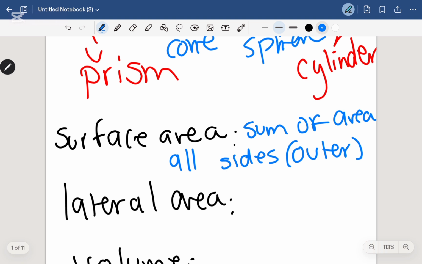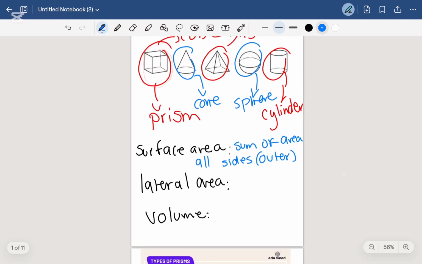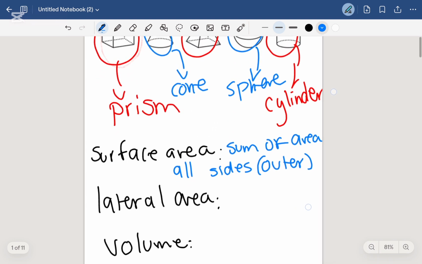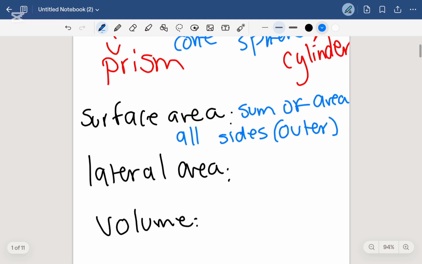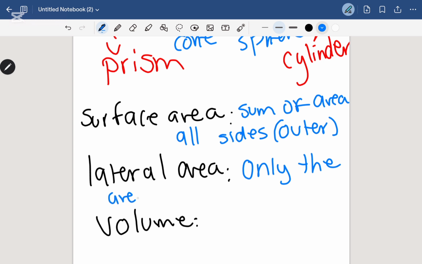Now, when we're discussing each and every single one of these shapes, we will also be discussing how to find the surface area. Now, the lateral area, in my definition, the definition in the book and resources online, states that it is only the area of surrounding sides.